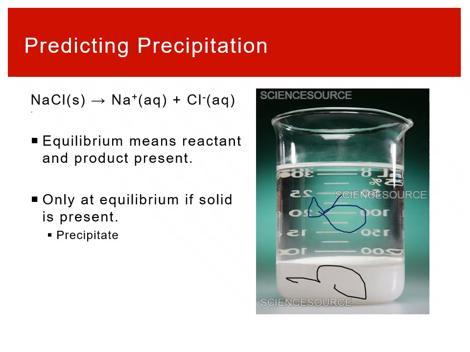I still have some solid NaCl, and simultaneously I have dissolved ions, right? So I have both of those in there. So that means that this system would be in equilibrium. And there has to be solid for there to be equilibrium.